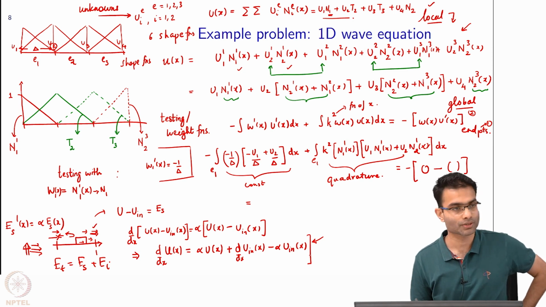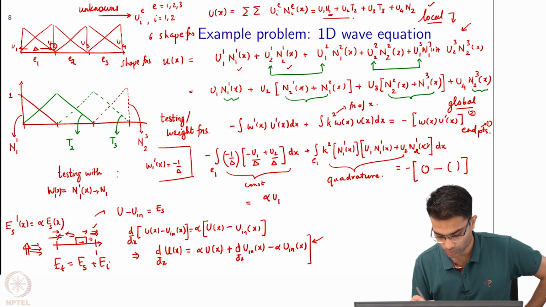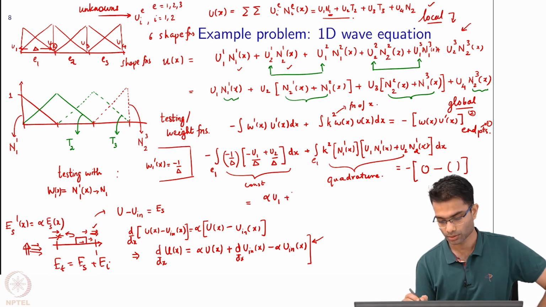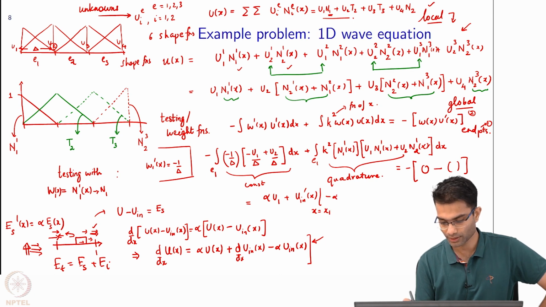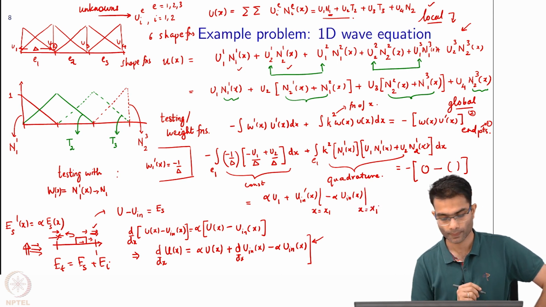So, alpha times u1 first term plus u incident x at x is equal to x1 minus alpha u incident x at x is equal to x1.